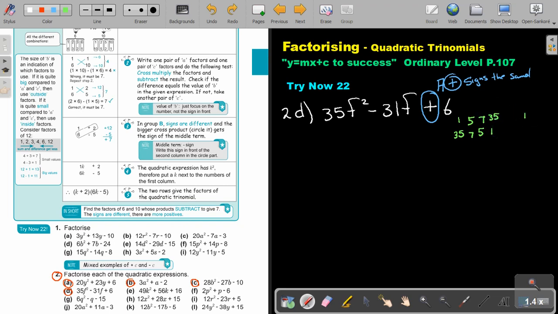And 6 is easy: 1 and 6, 2 and 3, 3 and 2, 6 and 1. I have to write the reverse options because there's more than one on this side. Okay, now let's start. And remember, I add. So I can already see 35 will be too big. So I can eliminate that one. Start here. This is a better one. So in this case, 5 times 6 is 30. It's also too big.